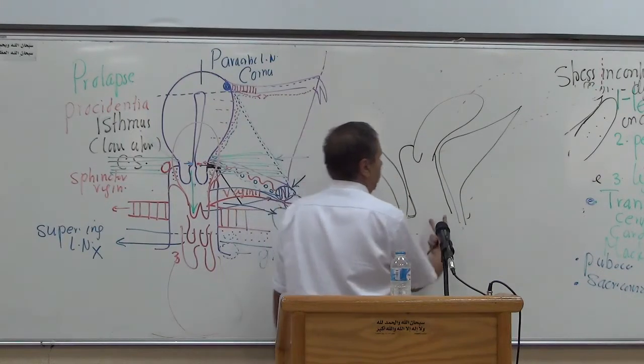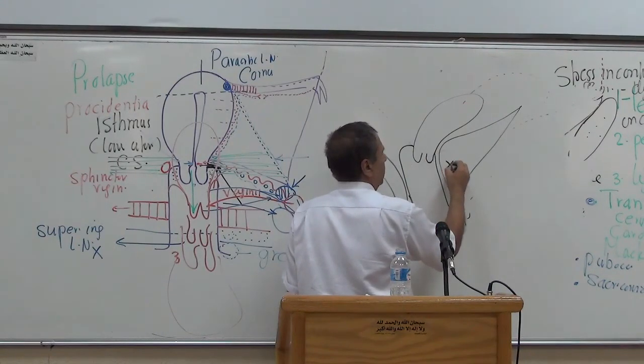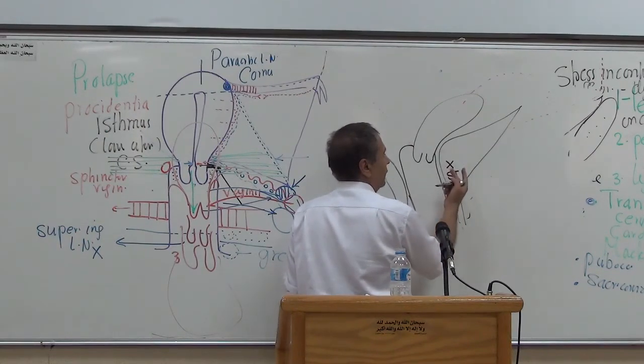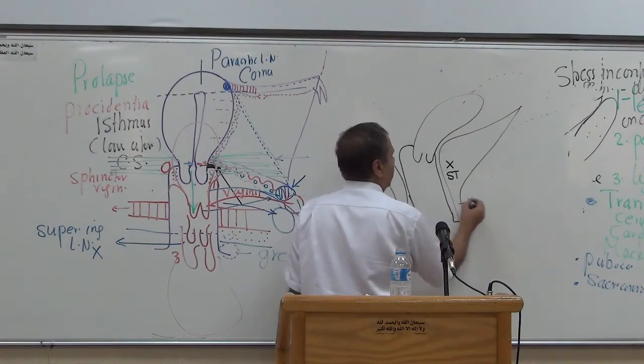So I'm doing PV anteriorly. I feel, number one, the base of the bladder. I can feel a stone in the bladder. I can feel a tumor in the base of the bladder. Also, anteriorly I can feel the urethra.